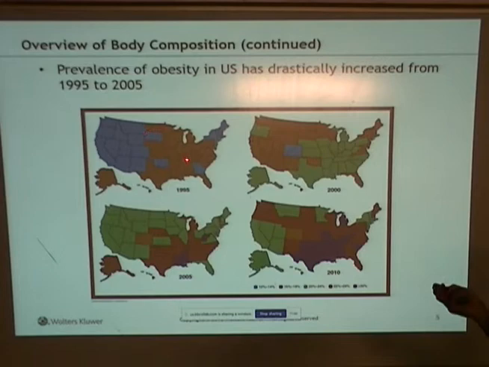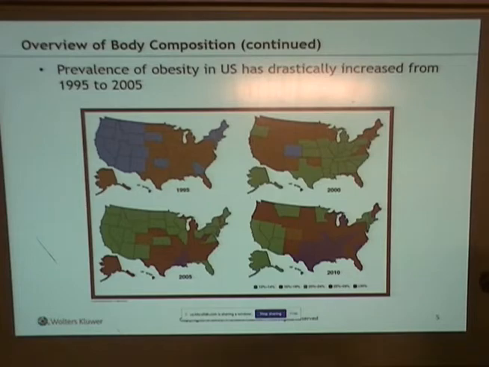1995, you can see here, the blue states had obesity prevalence of 10 to 14% amongst their adults, and the dark sort of orangey states had 15 to 19% prevalence. And then we get to 2000, and things are changing.